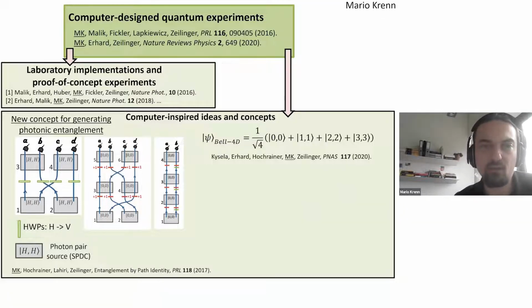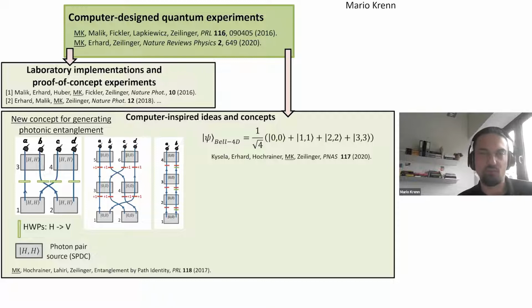So if the first crystal on top creates a photon pair, it produces 0, 0 because it doesn't go through any of those red blocks. If the photon pair is produced in the second crystal, it goes one time through these red lines and then goes to the detectors. That means it is shifted to 1, 1.